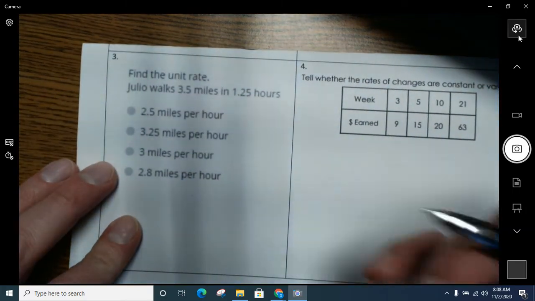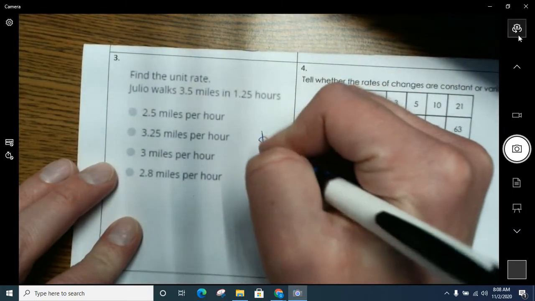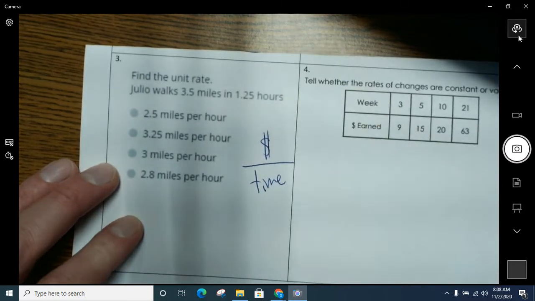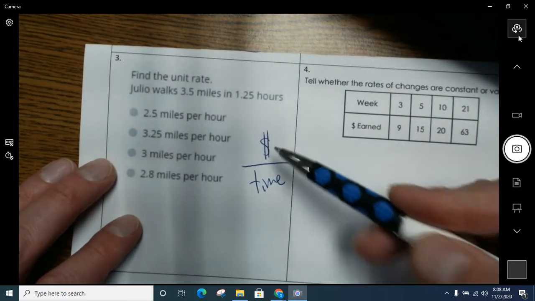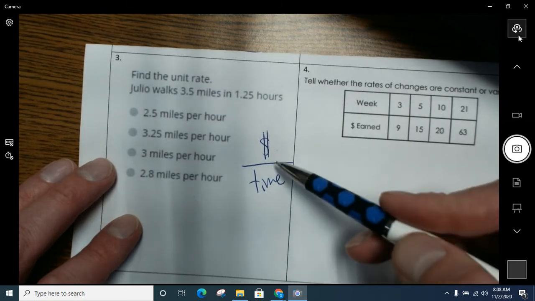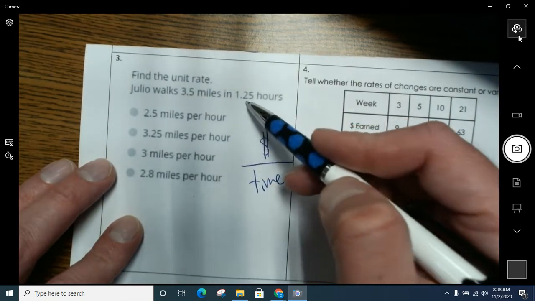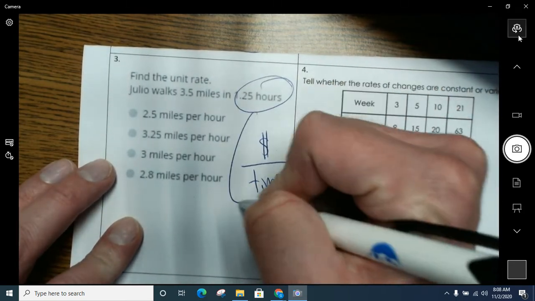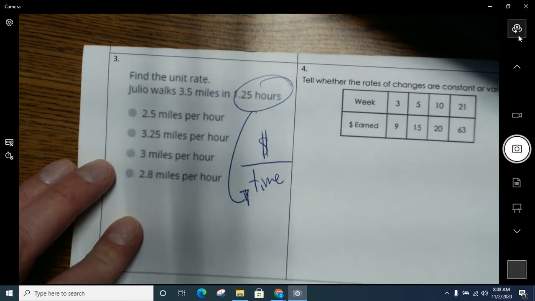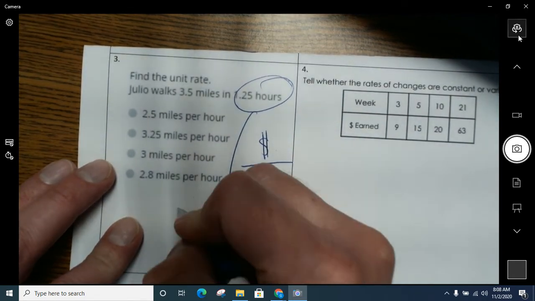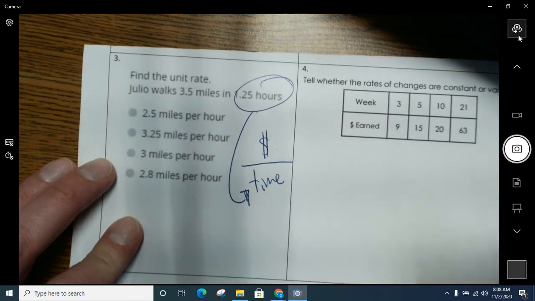Okay, let's jump on down and check out number 3 and 4. Number 3, we're talking unit rate. How I always think about this is money over time, because we're building a fraction here, and if there's money, it's going to go on top. If there's time, it goes on the bottom. Right here, we got miles and we got hours. And I already know the hours, that's time. It's going to go on the bottom of my fraction. So the other number is going to have to go on top.